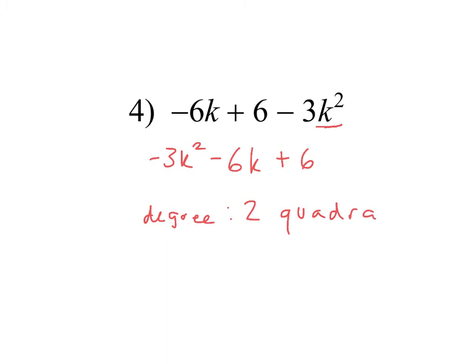Quadratic. So quadratic classifies something of a degree 2. Now how many terms do we have? We have 1, 2, 3. 3 terms. So what do we classify something with 3 terms? Trinomial. Perfect.